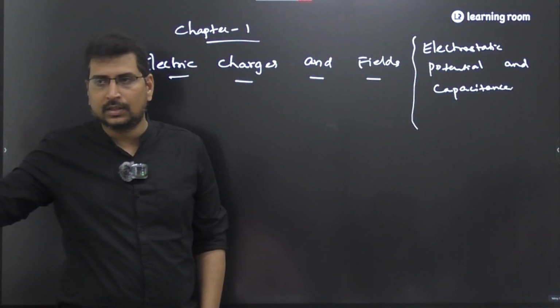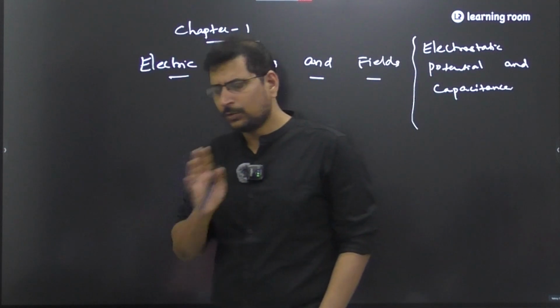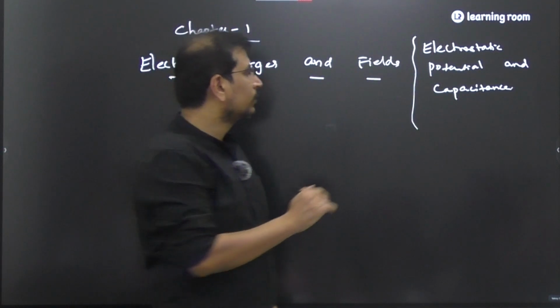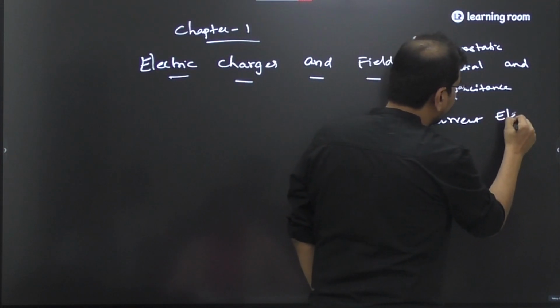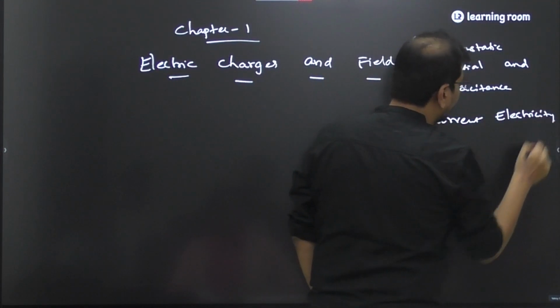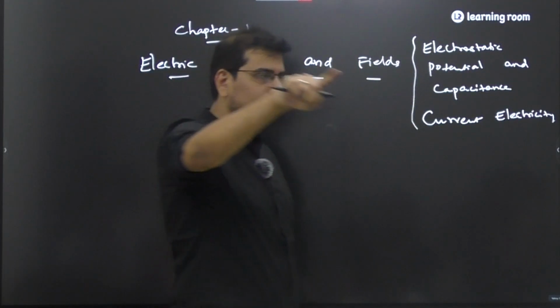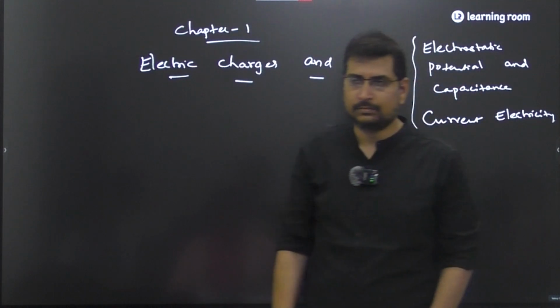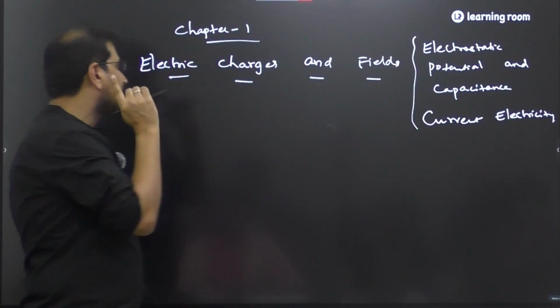It's for a resistor. Similarly, capacitance is for a device called a capacitor, about which we'll deal later. So this is the second chapter, and here we are using the word current electricity. So I would like to connect these 3 because the 4th chapter is called moving charges and magnetism. So there we are going to a completely different branch. Okay. So let's understand this.